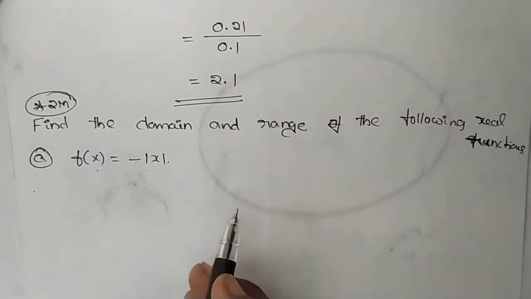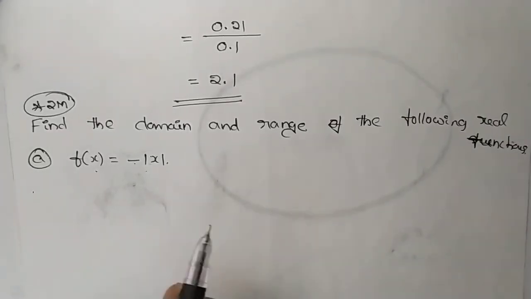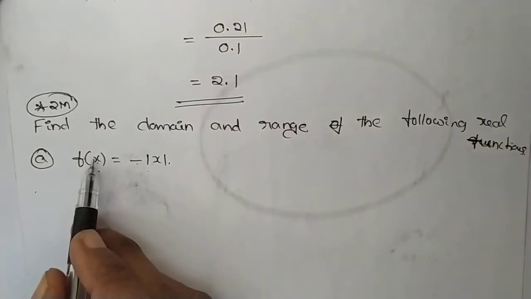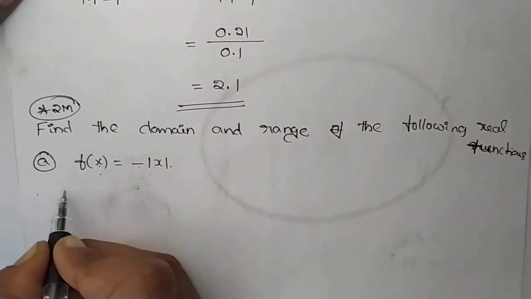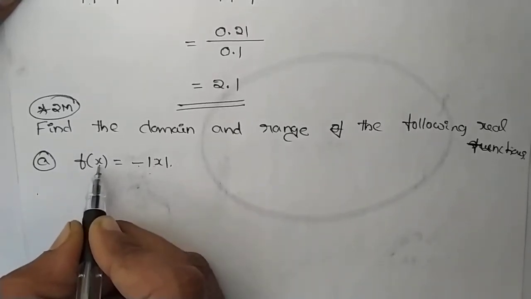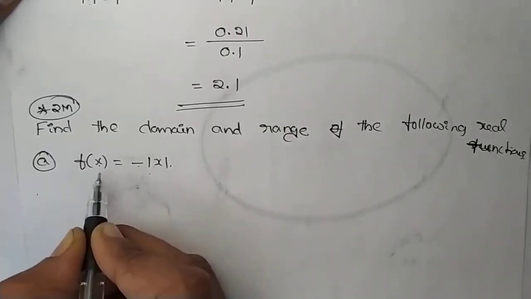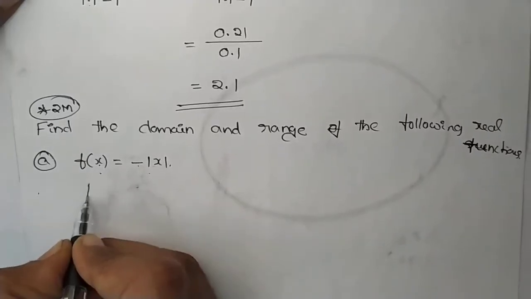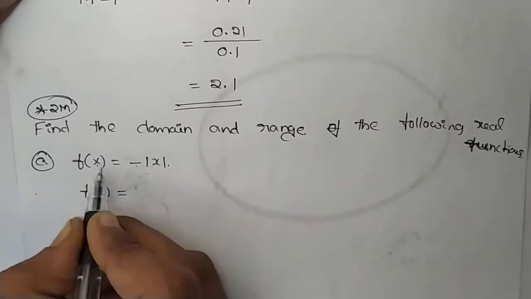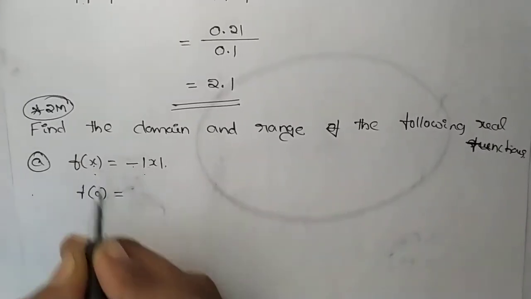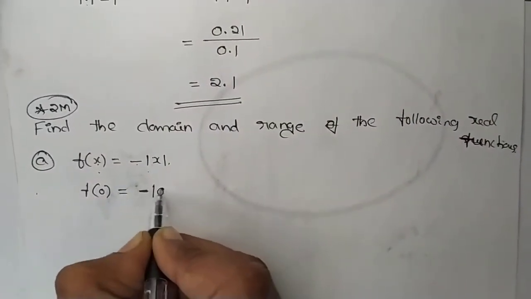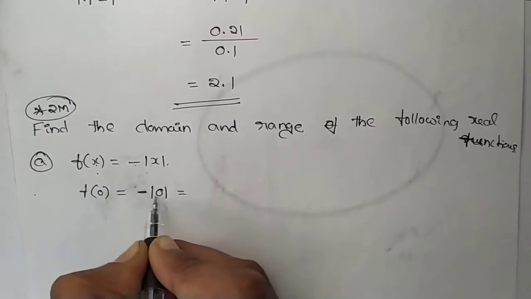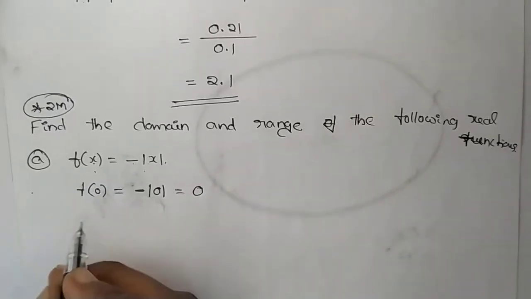We have to take in place of x a real number. Let us take the values of x from 0. f of 0 equals minus modulus 0, that will be 0 only.